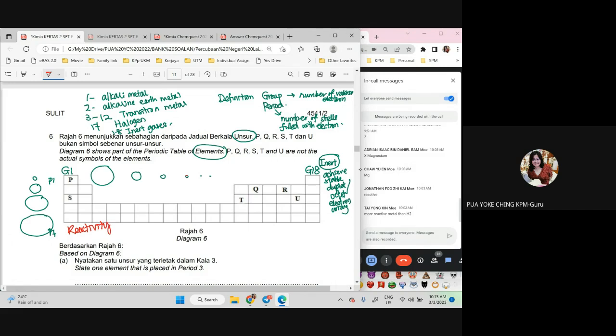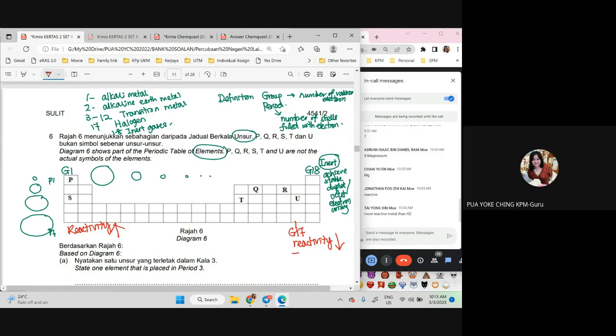Okay, so biasanya reactivity mesti explanation lah. 2 to 3 marks. So kalau group 1, reactivity increase. Kalau group 17, reactivity decrease. Okay, kita nanti tengok ada tak soalan yang tanya kenapa, why.